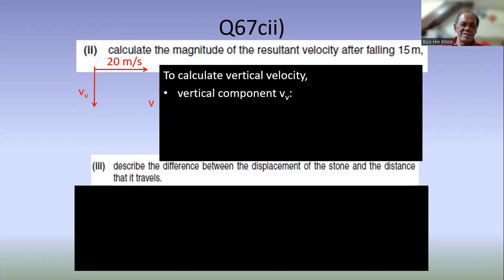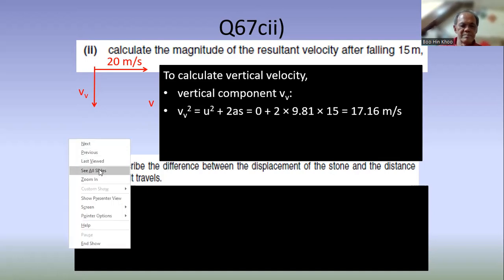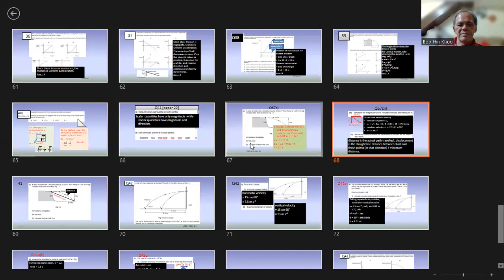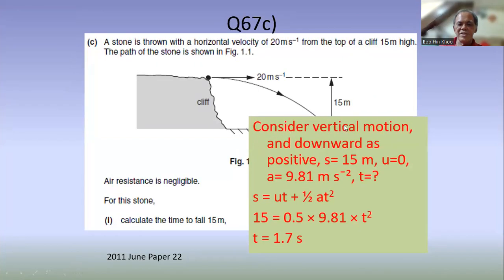Same as what was given before, we have already written that, no need to write this again. 15 meters, g, U is given. So we want to find V, that's all.